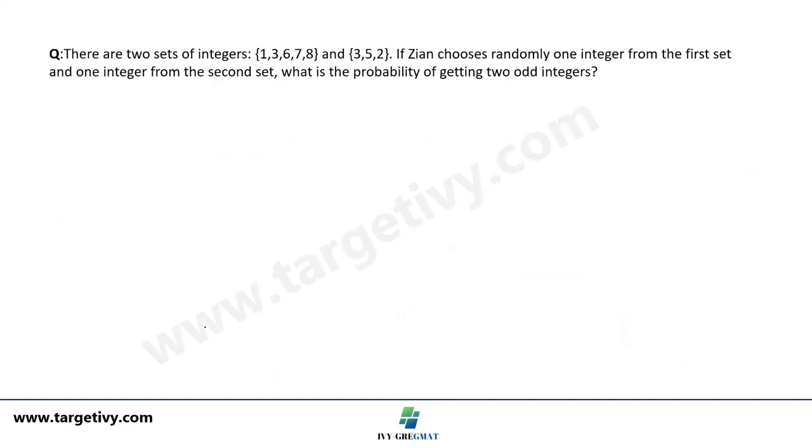There are two sets of integers, 1, 3, 6, 7, 8, and 3, 5, and 2. So let's call it set A. Set A is 1, 3, 6, 7, and 8. So there are 1, 2, 3, 4, 5 numbers.